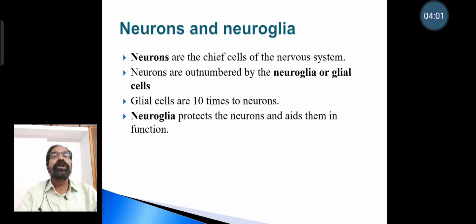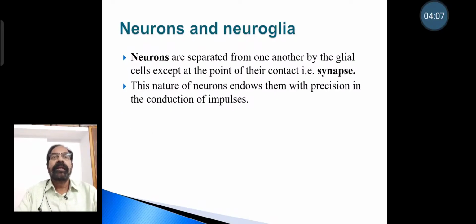Neuroglia protects the neurons and aids them in function. Neurons are separated from one another by glial cells except at the point of contact, that is synapse. This nature of neurons endows them with precision in the conduction of impulses.